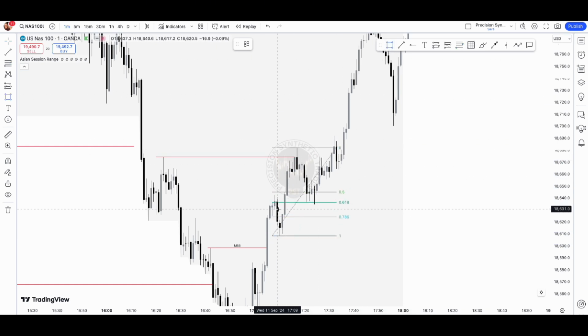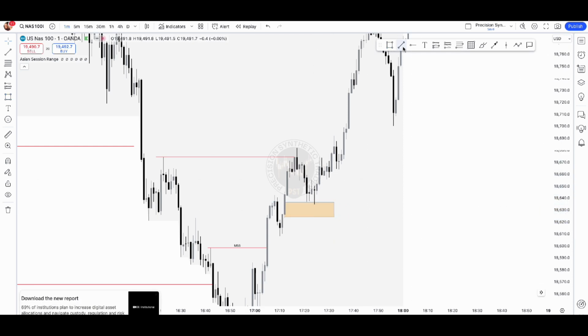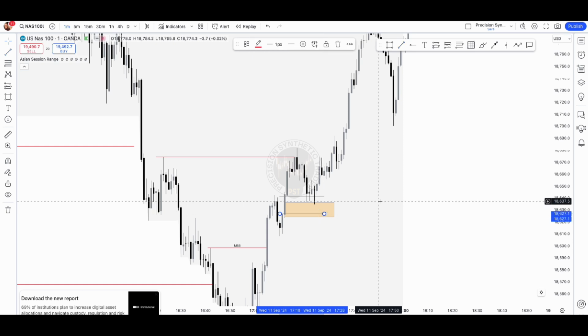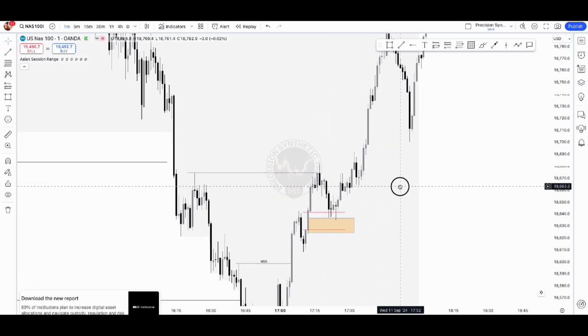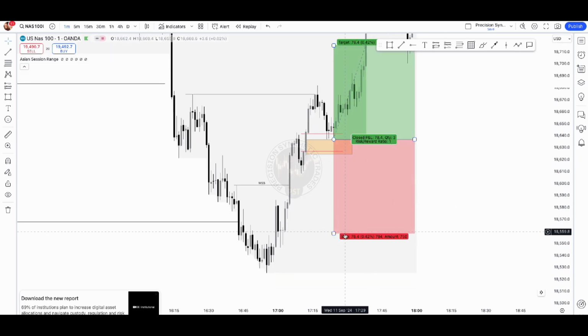We entered our OTE level inside of a 1 minute fair value gap. There you can see the fair value gap there. And there, fair value gap. So price entered. We can enter our trade right there.